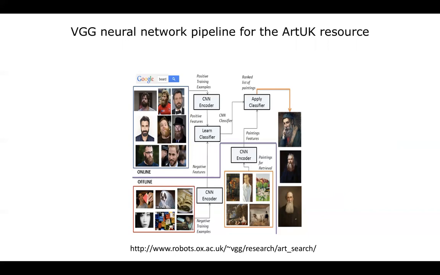Starting from the end of this pipeline, what you can see here, the system has retrieved images of men with beards from Art UK, so an unsorted collection of images, through a series of so-called CNNs, convolutional neural networks. So what we've done first of all is to feed all the contents of the Art UK resource, some 300,000 images, to a CNN through which it has learned certain features. That's in the back end, if you like.